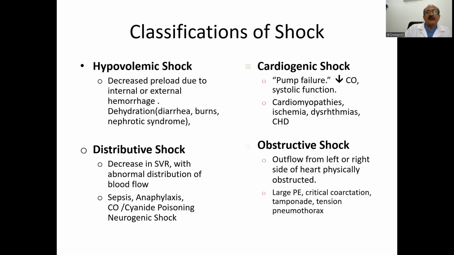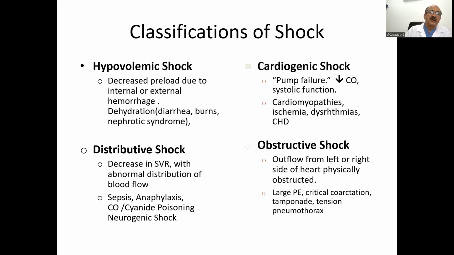If we classify shock, there are basically 4 types: hypovolemic shock, distributive shock, cardiogenic shock, and obstructive shock. These are the minor details of every shock. Hypovolemic shock, to start with, is decreased preload due to internal or external hemorrhage.